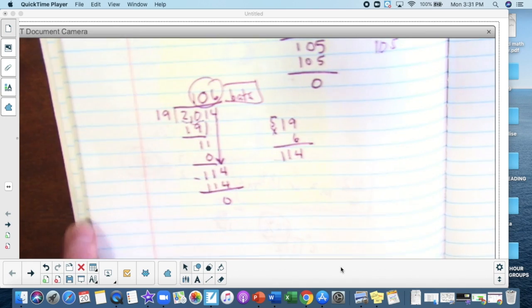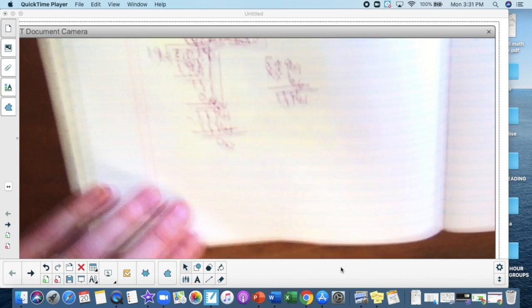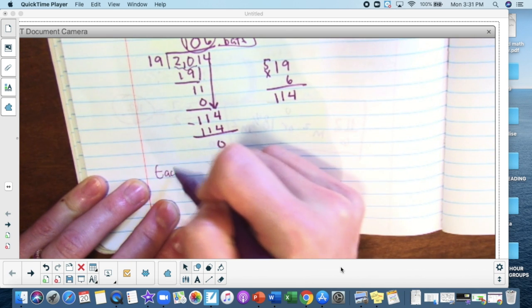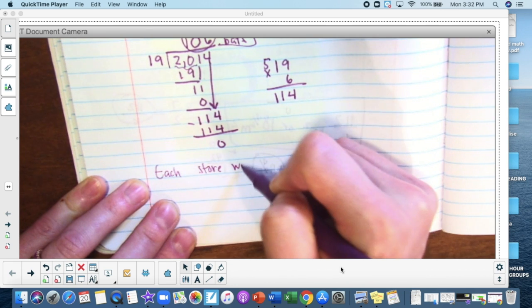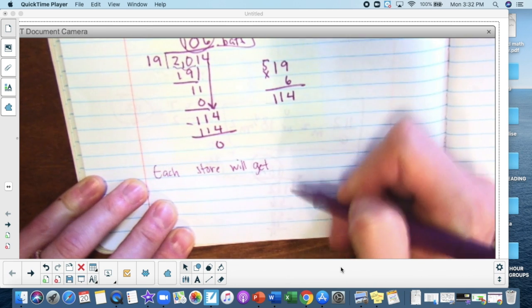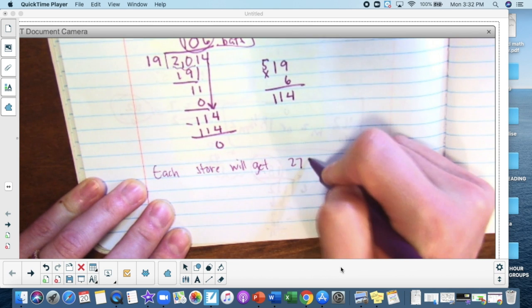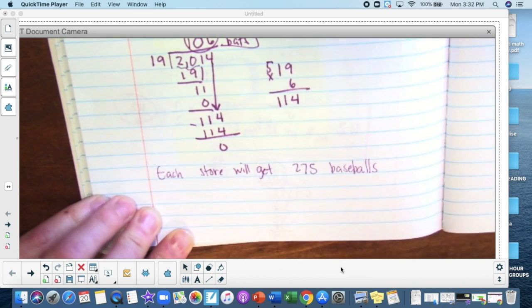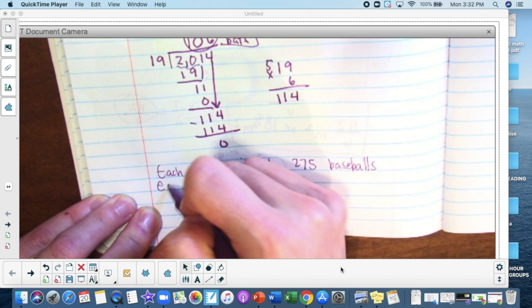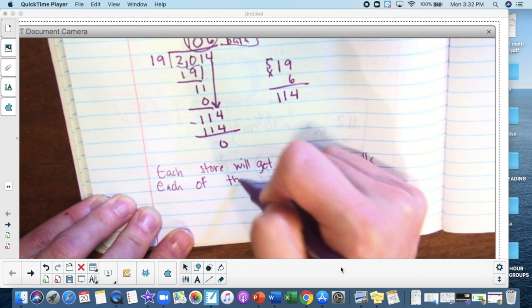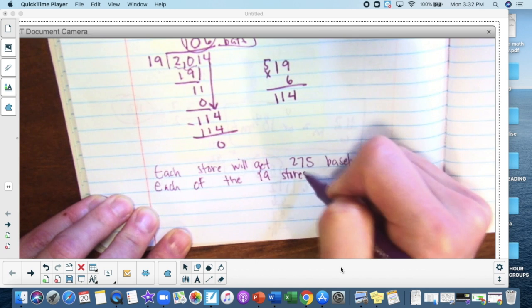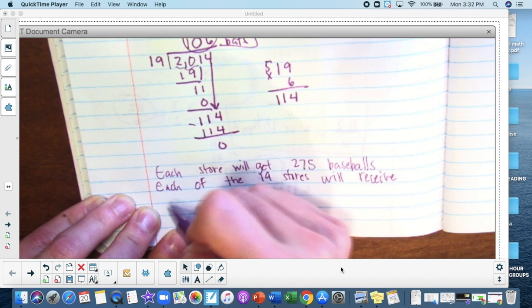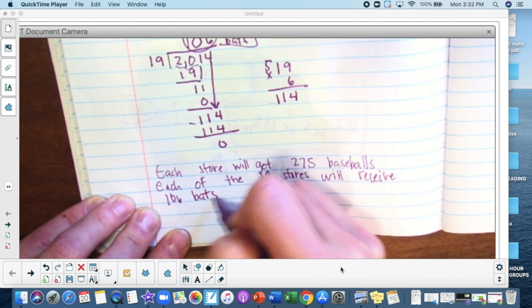So I need to make sure that I'm answering in a complete sentence. Each store will receive 106 bats.